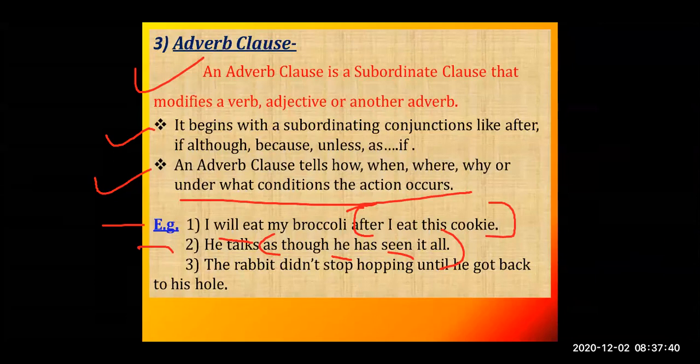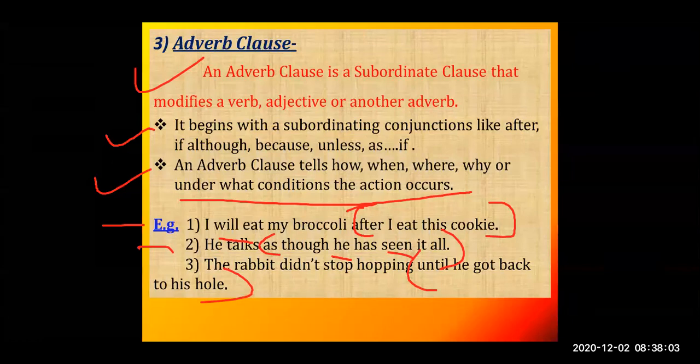Third example: "The rabbit didn't stop hopping until he got back to his hole." Now again here, "until he got back to his hole" is your adverb clause, beginning with the subordinating conjunction until. So we have seen the examples and definition of adverb clause.